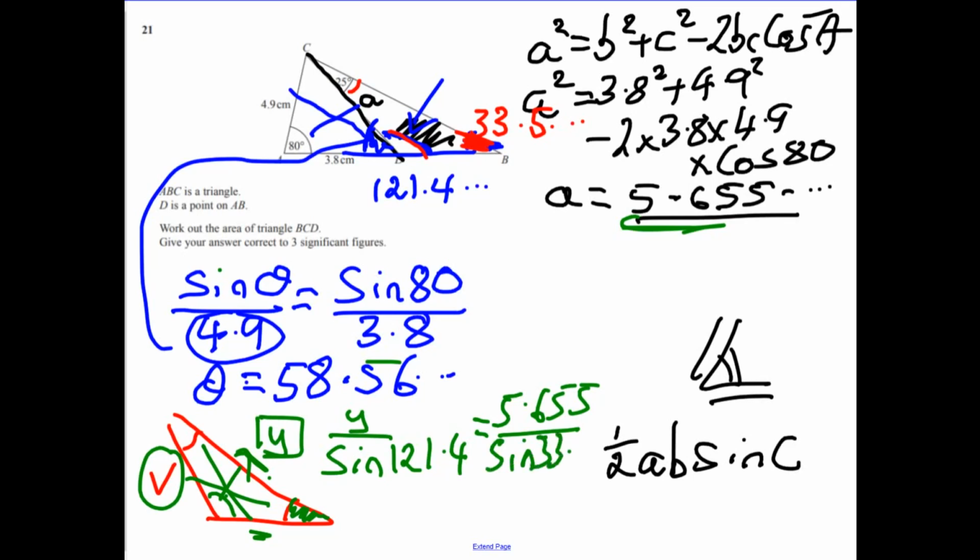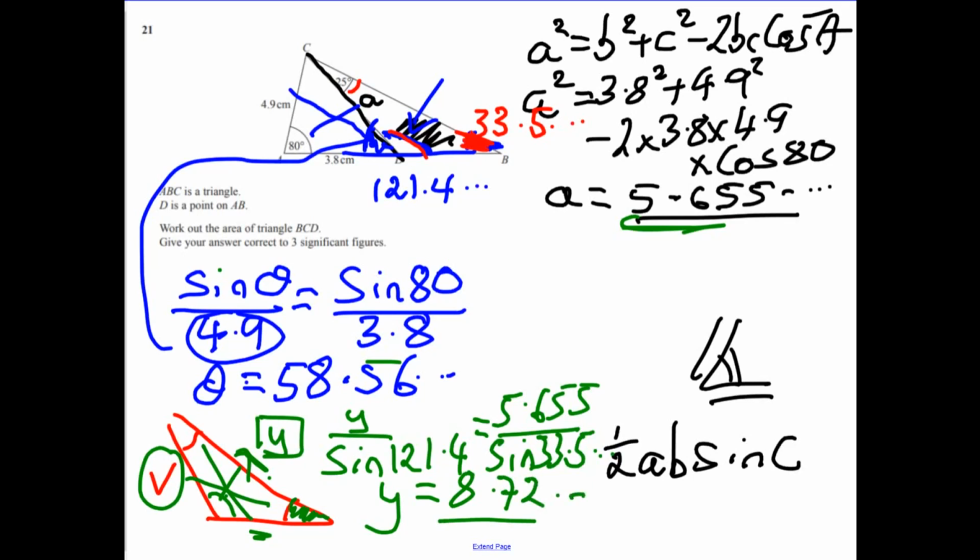Now try and store your values, otherwise you won't be exact when you work it through. If you work that out, you should end up getting that value just there to be 8.72, and again a little bit more to it.